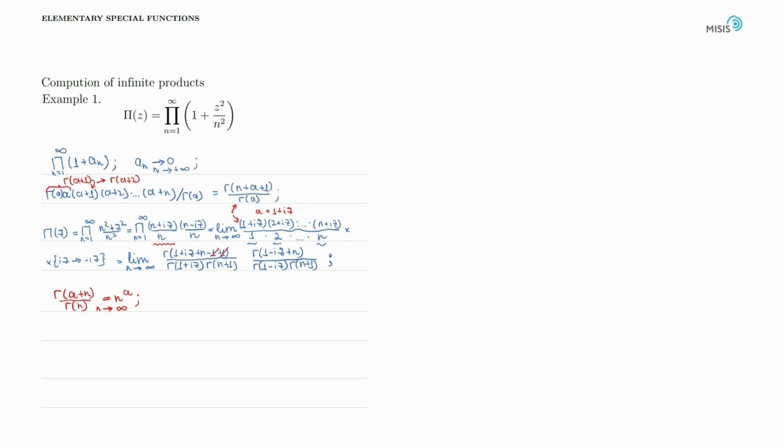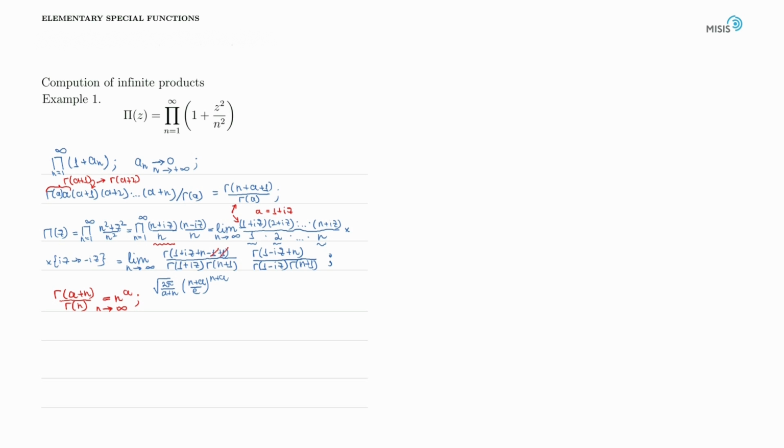And to prove it, we need to use the asymptotics which we just discussed. So gamma function of a plus n. This is just the simple Stirling formula: the square root of 2 pi divided by a plus n, times n plus a over e to the power n plus a.